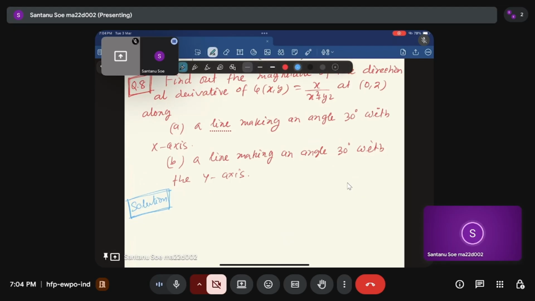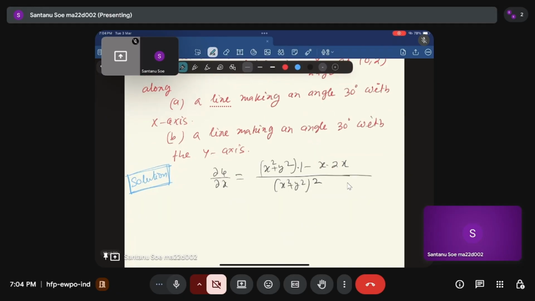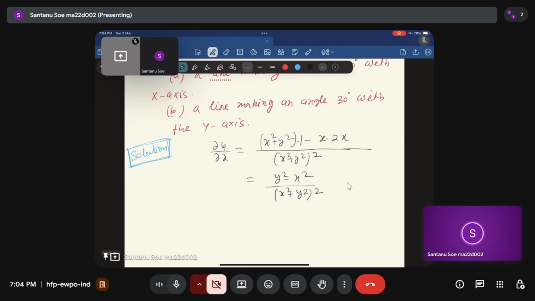Okay, so first del phi del x will be x square plus y square into 1 minus x times 2x, over x square plus y square whole square. So this is gonna be y square minus x square divided by x square plus y square whole square, correct?